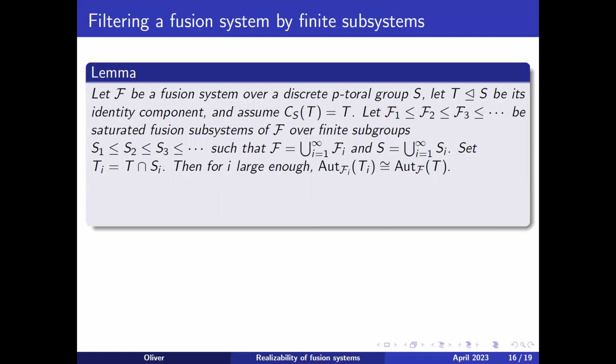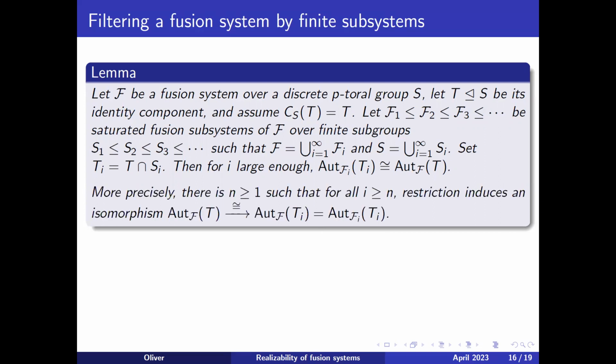The lemma says that we've got a fusion system over a discrete p-toral group, with identity component T, which we think of as a maximal torus, even though it's a discrete p-torus, not a torus. And assume this additional condition that T is its own centralizer.